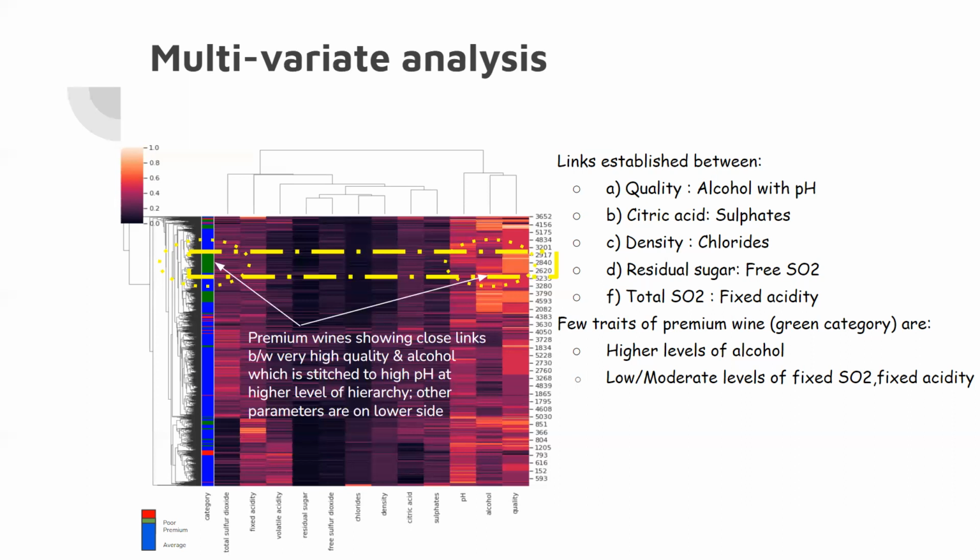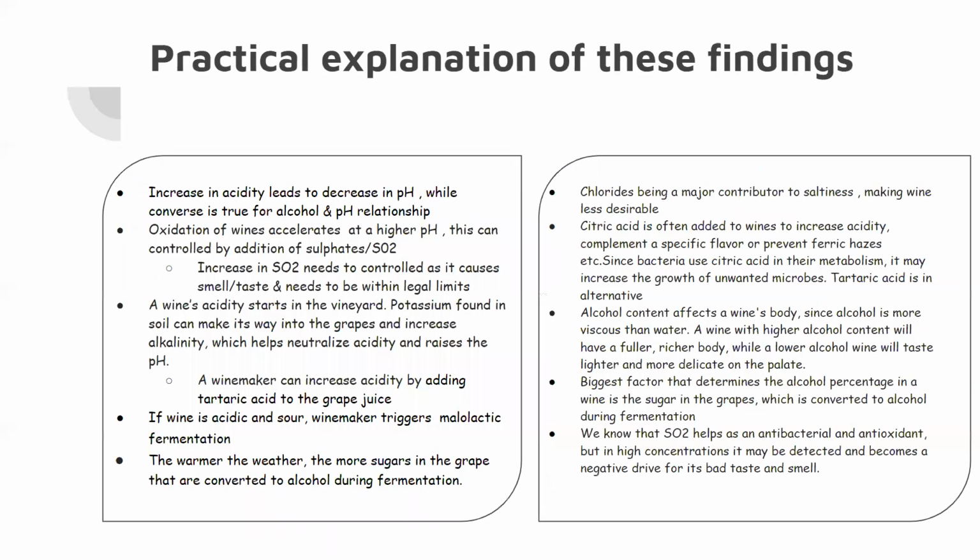And the free sulfur dioxide has a link with the total sulfur dioxide, and the same with the residual sugar, because residual sugar gets formed once the wine is formed. And free sulfur dioxide at that point is essentially performing a protection function, protecting the wine against microbes. So yeah, this is a very useful map.